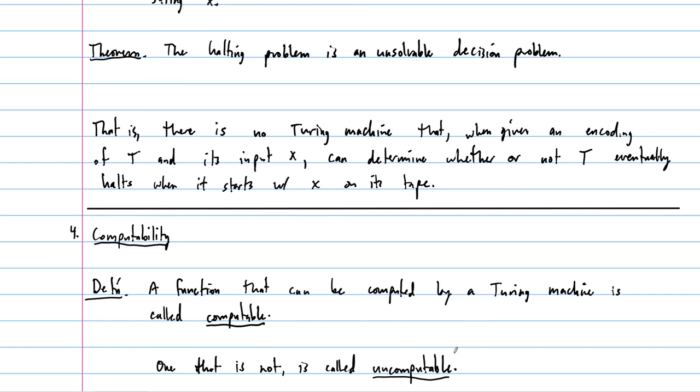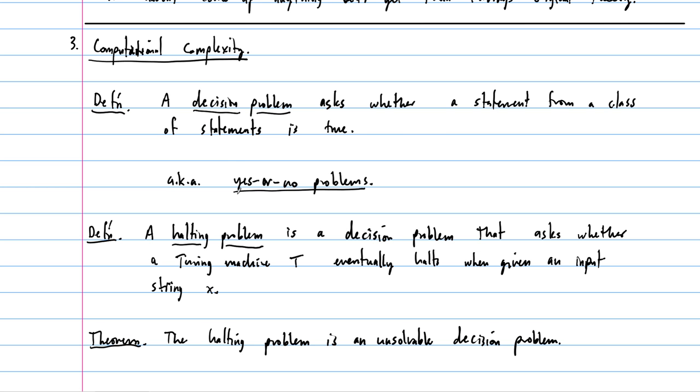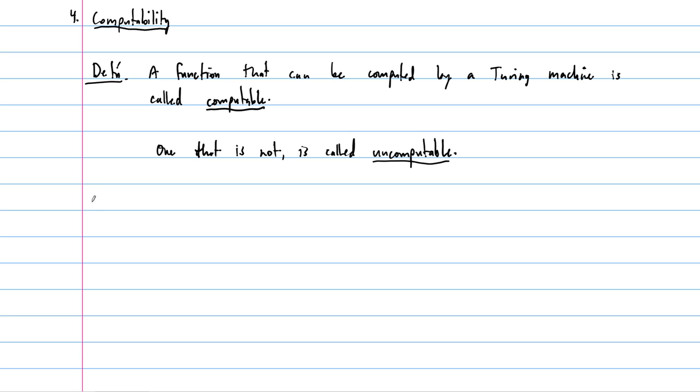And it turns out that every decision problem, from back up here, can be reformulated as a functional computability problem, because you input the statements and the output is either yes or no. As far as a Turing machine and a function goes, the domain is the set of all statements and the output is yes or no. So every decision problem can be reformulated as a computability problem.